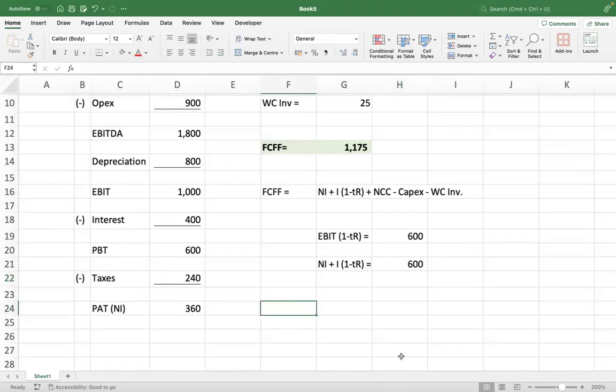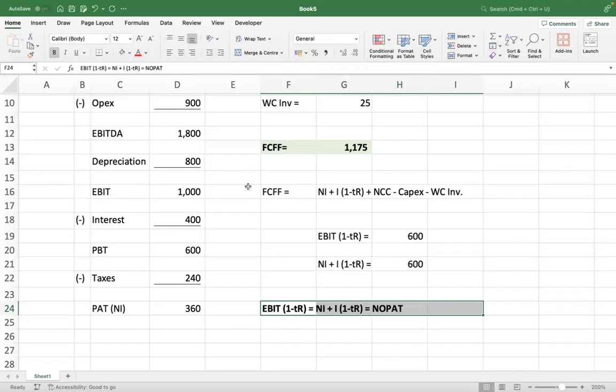Which means that EBIT into 1 minus tax rate is the same thing as net income plus I into 1 minus tax rate, which is the same thing as the net operating profit after taxes.